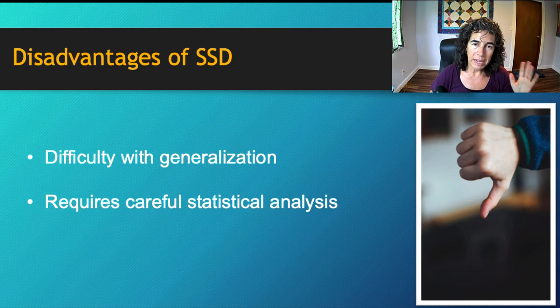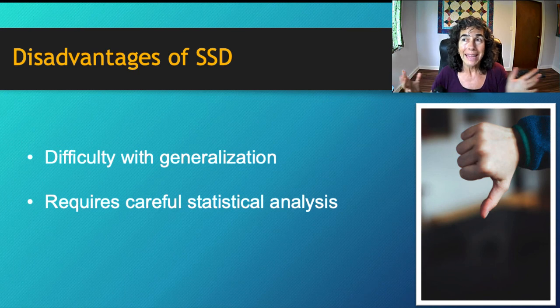When we have a number of single subject designs of the same intervention, then we can start feeling like our observations are a little bit stronger, right? Because one person or 10 different people had the same experience, but still generalization is difficult.